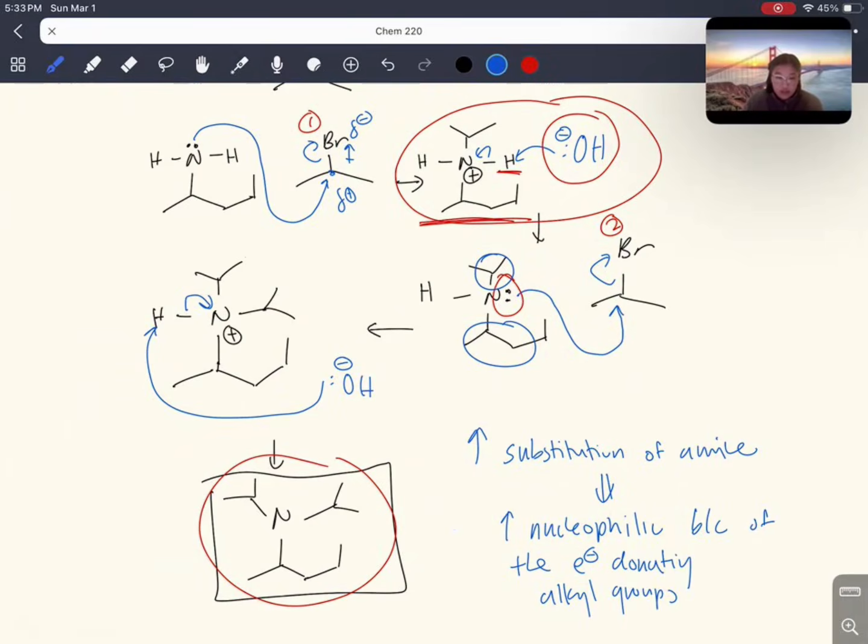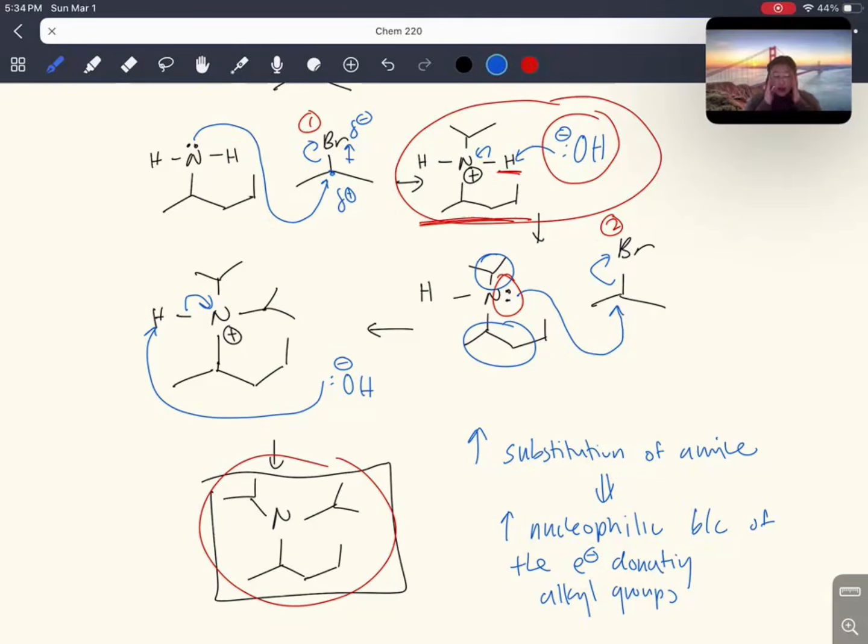And what that means is that alkyl groups are electron donating, meaning that they donate electrons. And so if we're now donating electrons to the center nitrogen, we're making it more nucleophilic. We're making it have more of a minus charge, and so that's going to make it a stronger nucleophile in the reactions moving forward, and that makes it react faster.